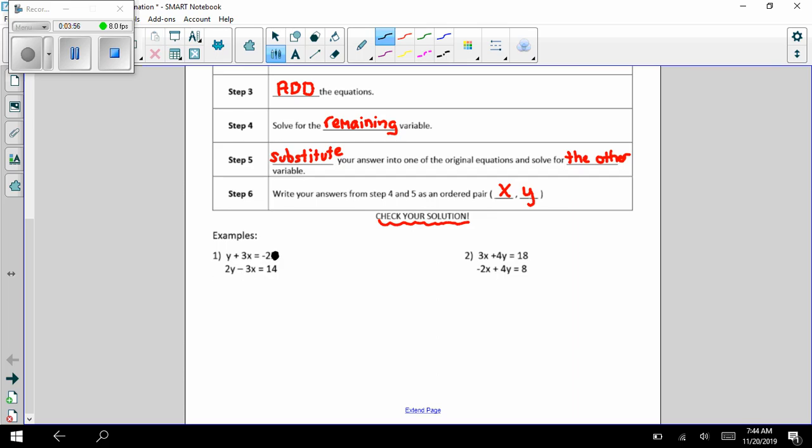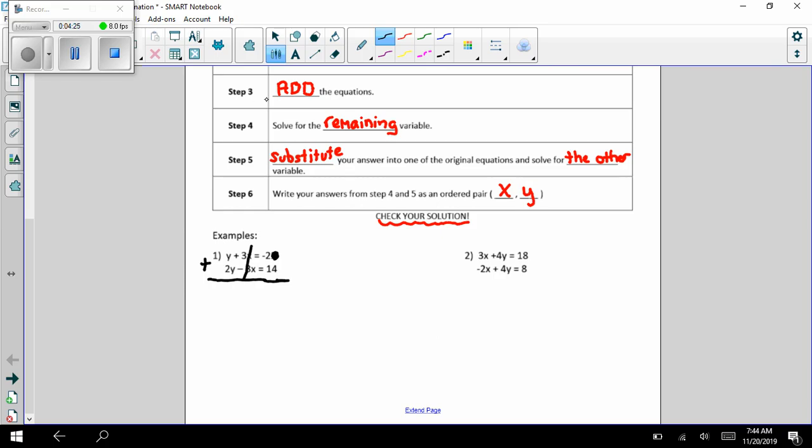And this makes our life a lot easier because we can go ahead and draw an old-fashioned line like you learned back in the elementary days where we add the problem together. We can always cancel out opposite terms. Y and 2y are not opposite, but positive 3x and negative 3x are. So we're going to go ahead and cancel them out. I'm just going to slash them. That's good because we got rid of all of our x's.